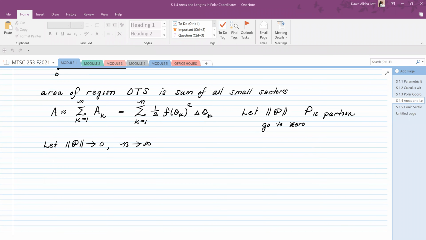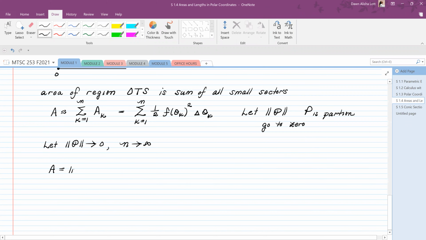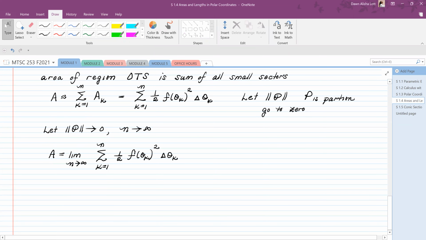Okay, so now the area is the limit as n goes to infinity of the sum k equals 1 to n of 1/2 f of theta k squared delta theta k. Now, I don't know who your Calc 1 teacher was, but this whole thing becomes the integral from alpha to beta of 1/2 f of theta squared d theta.